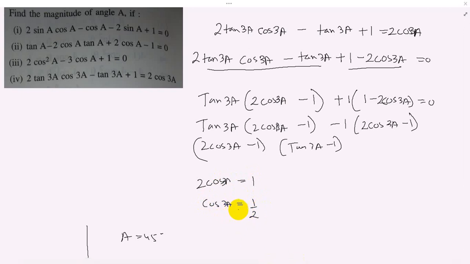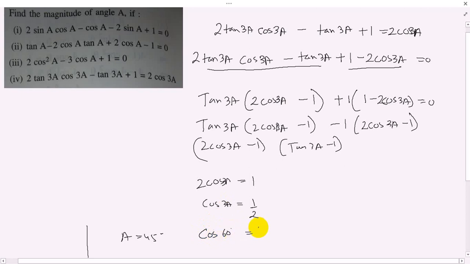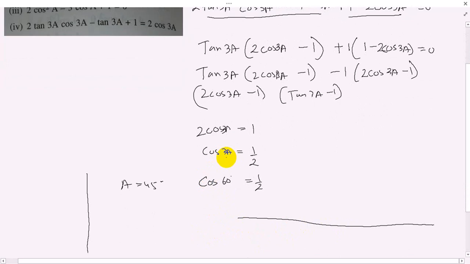Cos 60 degree is equal to 1 by 2, so 3A is equal to 60 degree, A is equal to 60 by 3, meaning A is equal to 20 degree.